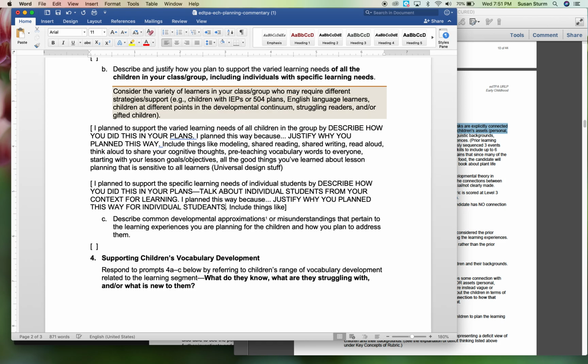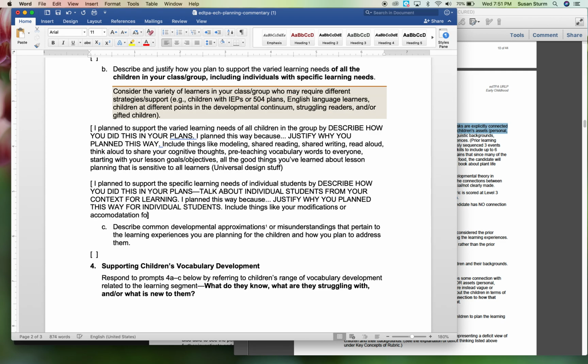These include things like your modifications or accommodations. That is not how you spell that. For specific students, you must talk about IEPs and 504 plans here. And if you don't, you get an automatic 1.